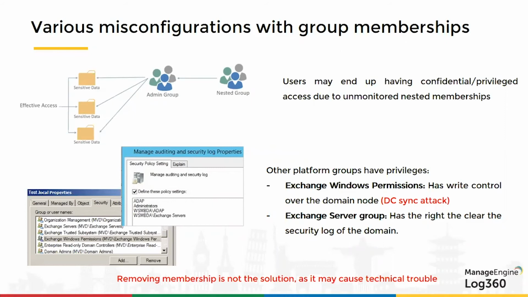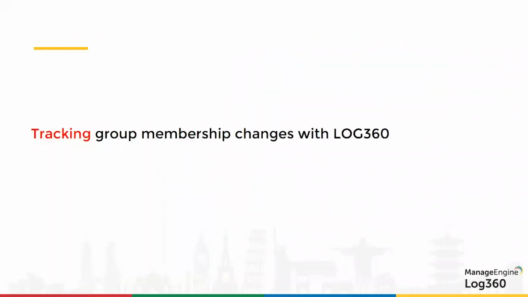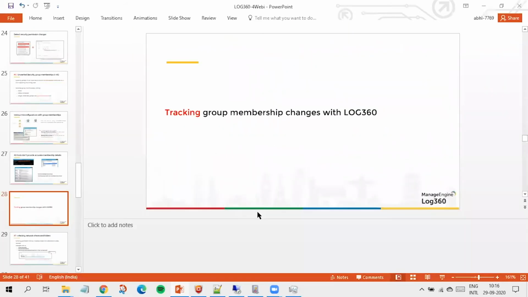So in a nutshell, look into group memberships, look into indirect group memberships, look into cross-platform group memberships like Exchange group memberships, look into cross-domain group memberships, look into your default group memberships like your domain admins, enterprise admins, etc., and look into your groups that have access to privileged resources or privileged applications within Active Directory, right? And AD Audit Plus can help you with that as well.